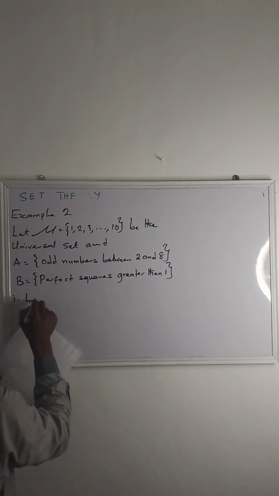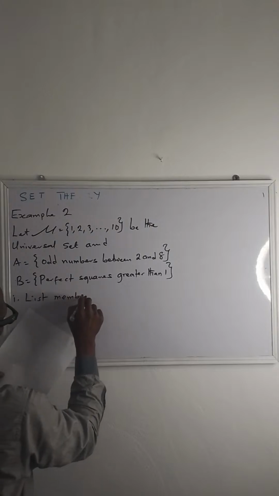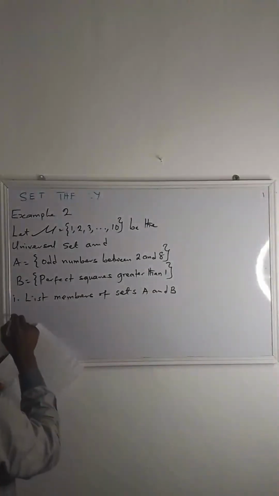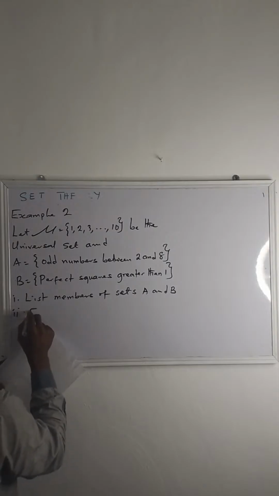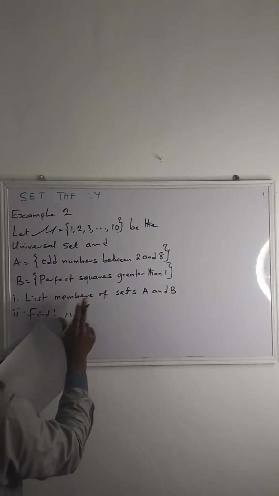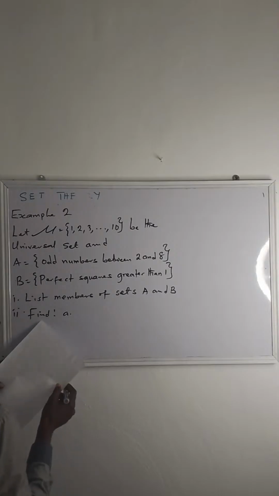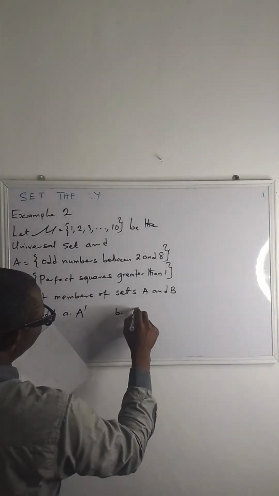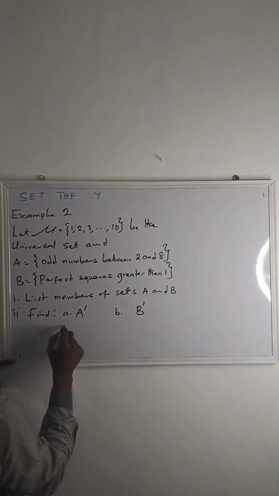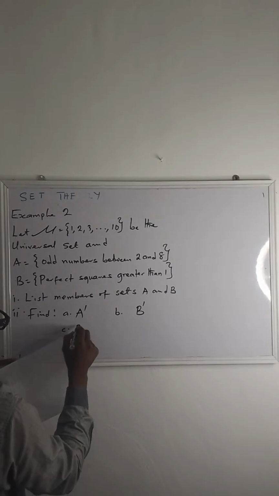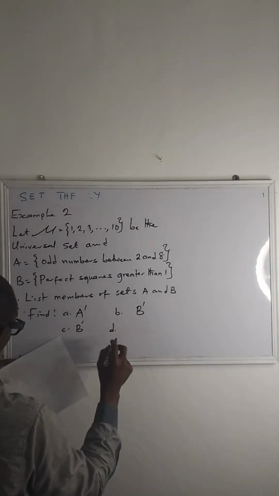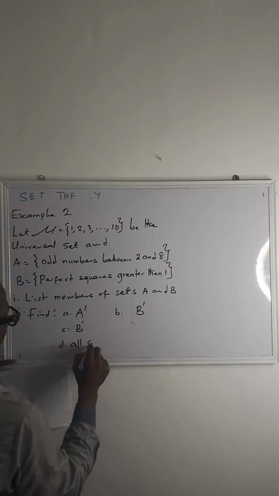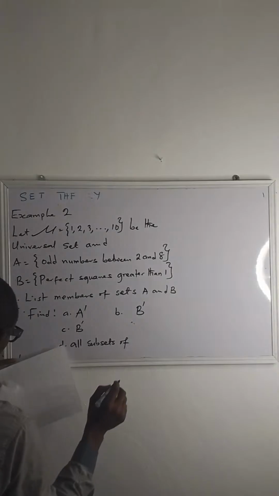List members of sets A and B. Two, find A complement, B complement, C, B complement, D, all subsets of B.